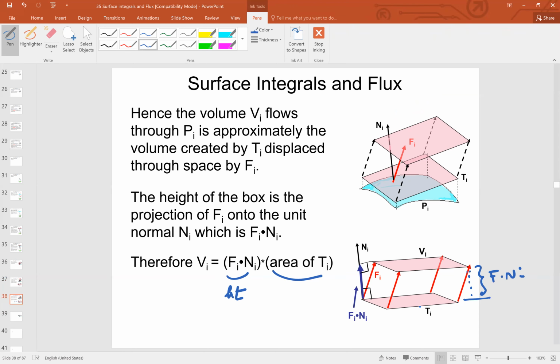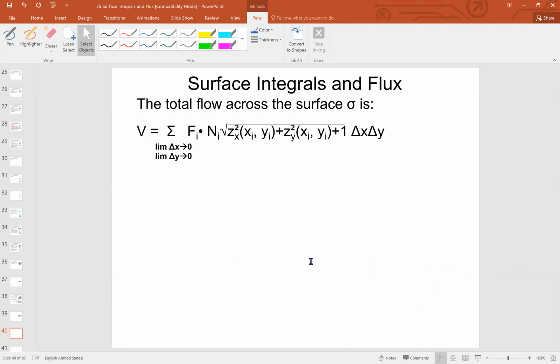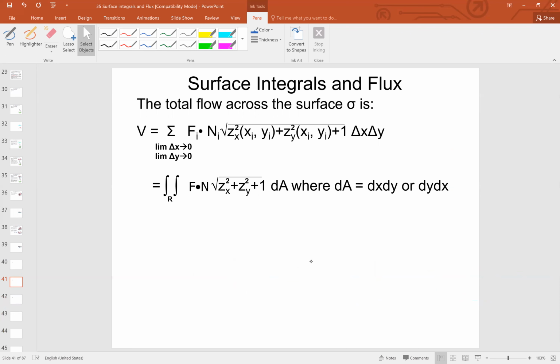So all I have to do is multiply by the area of Ti, and the area of Ti is the surface differential, dx dy. So putting all these together, we add up all the flow across each little patch, and we wind up with this integral formula.